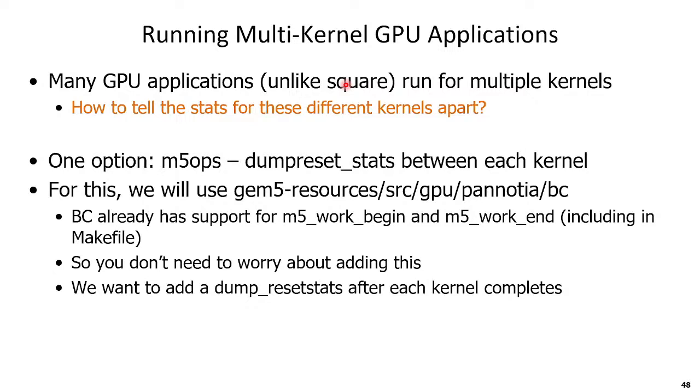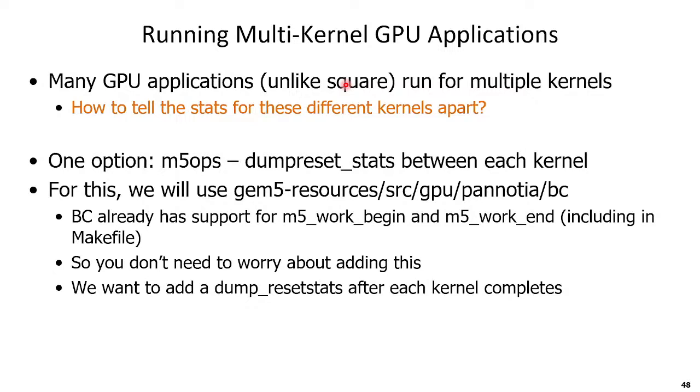Unlike Square, this makes it hard to evaluate how they perform, because all of those stats, for example shader active ticks, are going to be merged together into one giant shader active ticks value, which if I'm running 100 different kernels is not very useful because I want to know how long each of them took. And so this is where those M5 ops that we talked about earlier in the week end up being very beneficial.